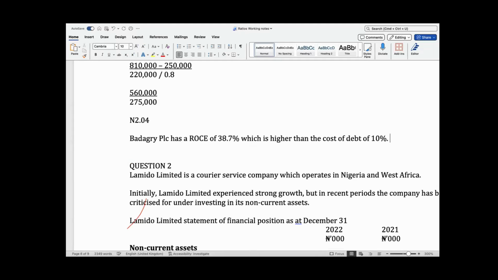Additionally, the entity makes a gross profit margin of 54.7%, which looks impressive.